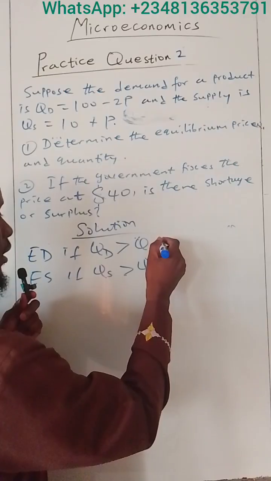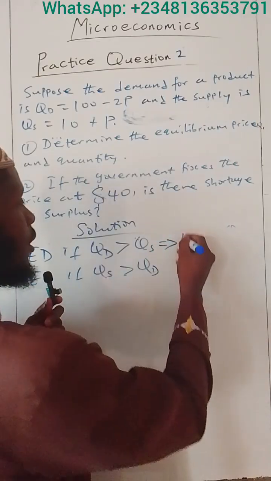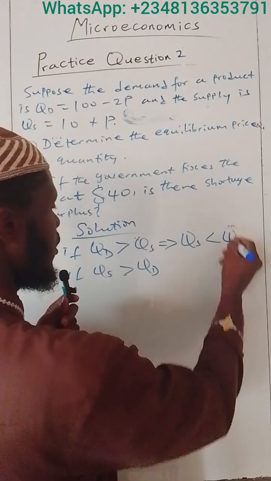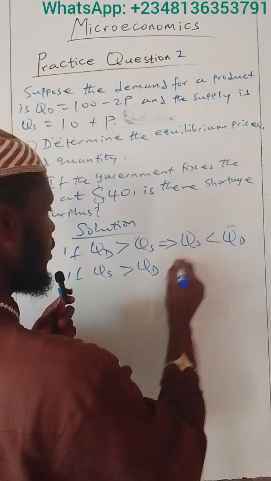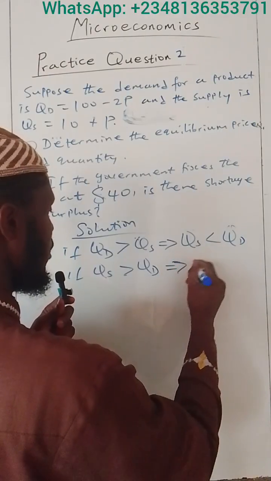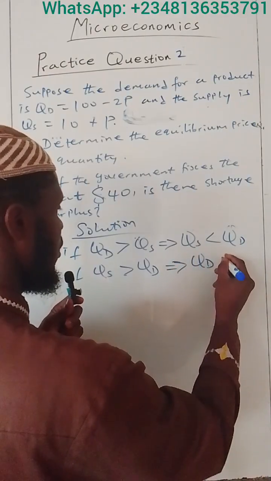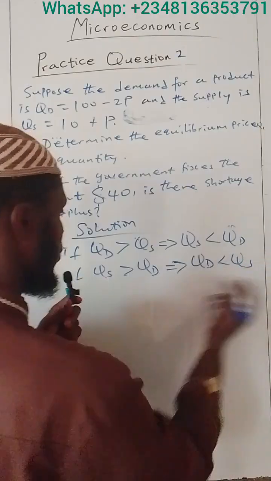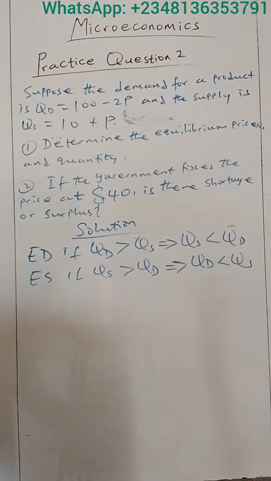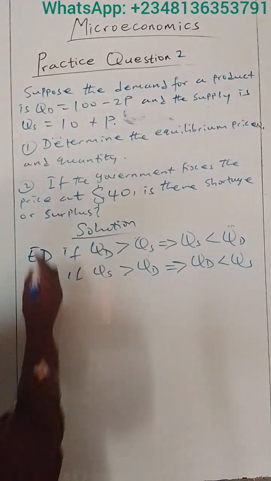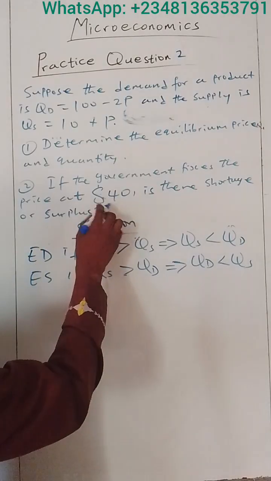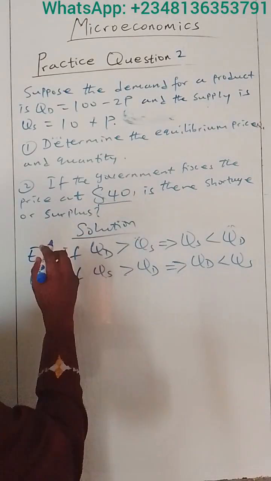You know, this statement is equivalent to saying QS less than QD, and also this is the same thing as saying QD is less than QS. So it's the same thing. Okay, now let's go. So what we are going to do is plug in P, that is 40, into both functions.